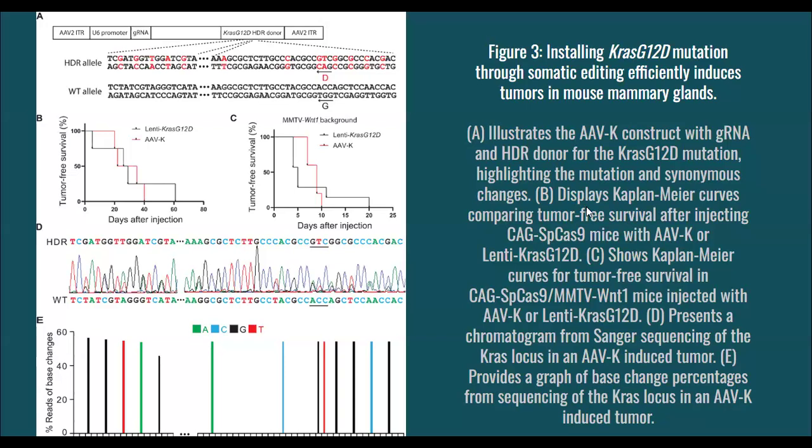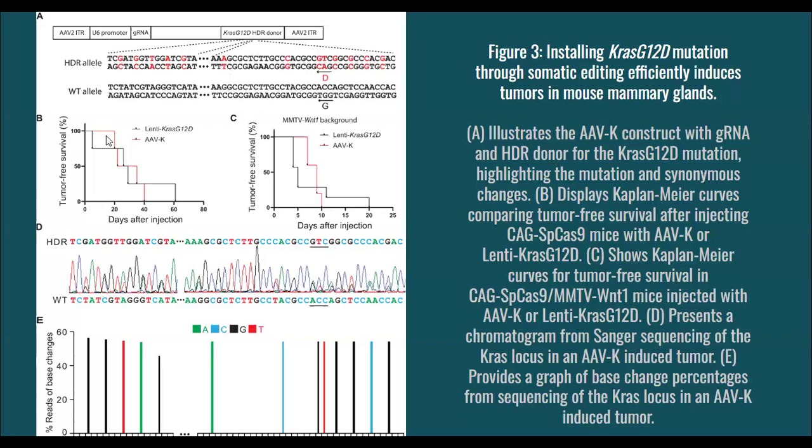In the first panel, the HDR allele and the wild type allele are given, where you can see the wild type allele was changed in parts. The red portions are actually mutations.